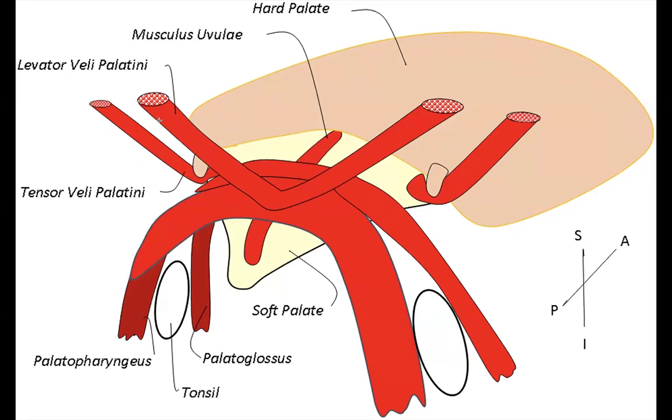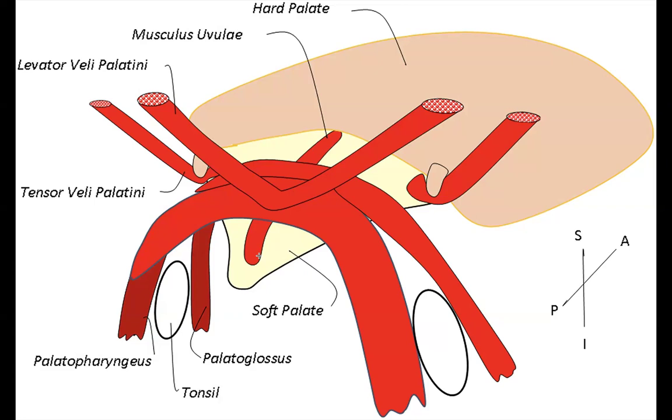The muscles present here are 1, 2, 3, 4, and 5. 1, tensor veli palatini, 2, levator veli palatini, 3, palatopharyngeus, 4, palatoglossus, and of course, there's this muscle too, musculus uvulae.